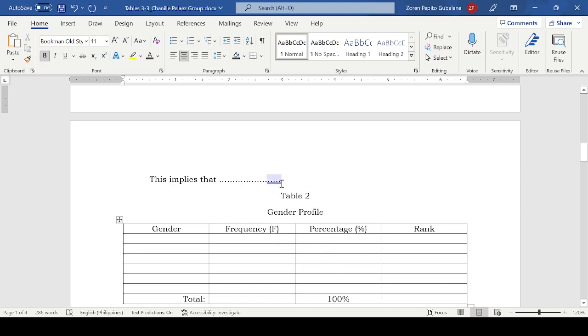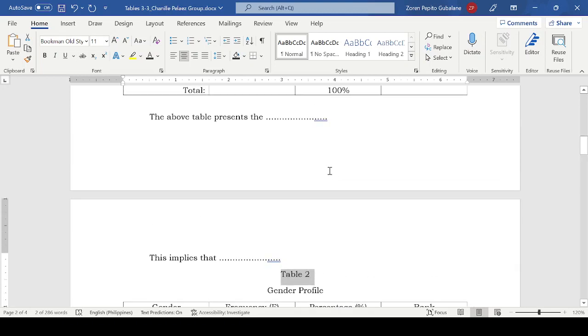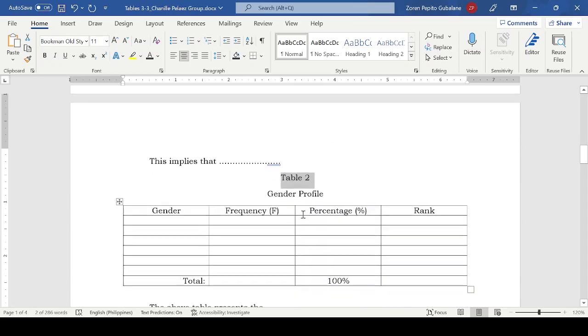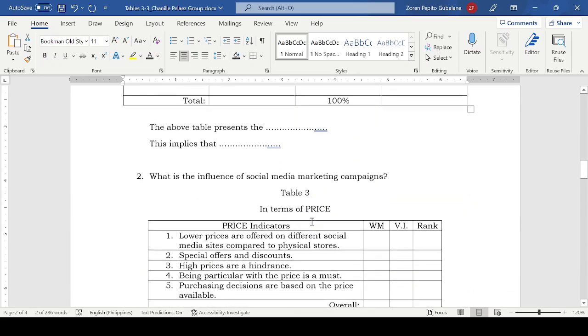Now, when it comes to designing and numbering your table, it is suggested that the researcher just use a continuous table numbering, such as table 1, table 2, table 3, and so on.